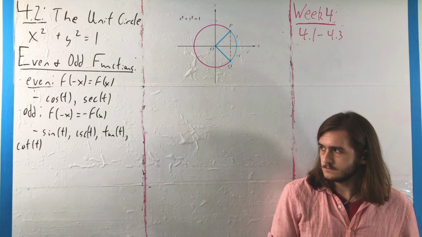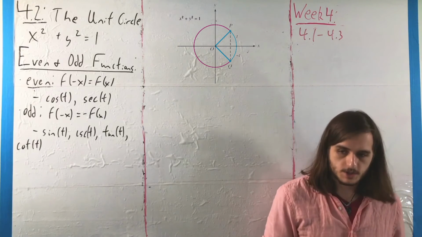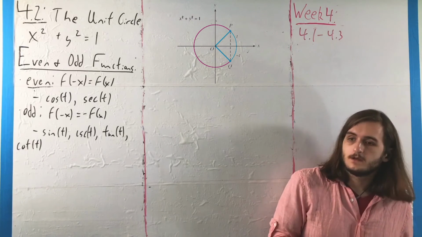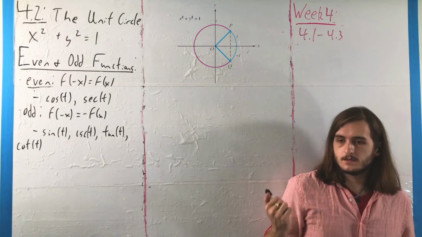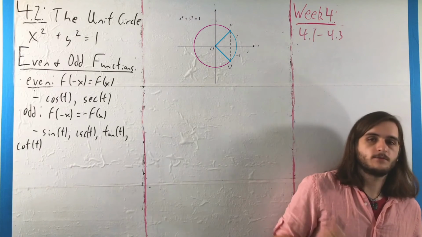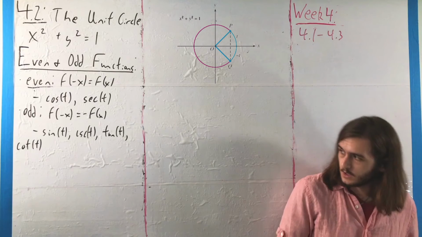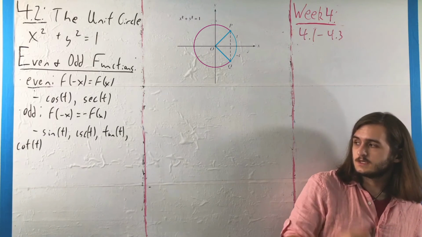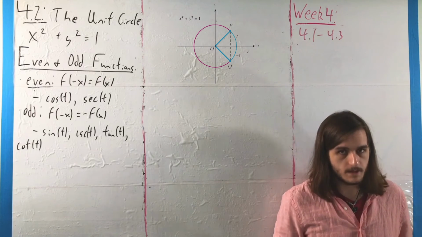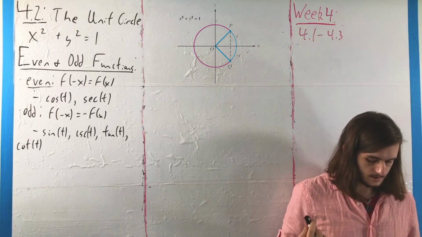Meanwhile, every other trig function that has a y component in it would have that y component get flipped by flipping over the angle. So all of sine, cosecant, tangent, and cotangent would be odd functions in this context.